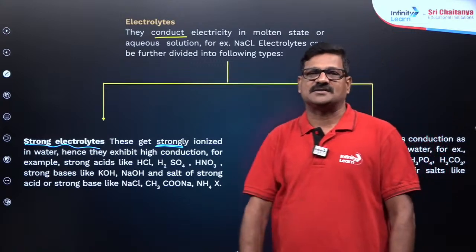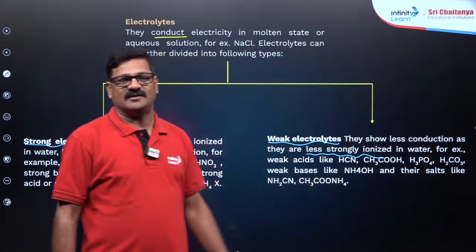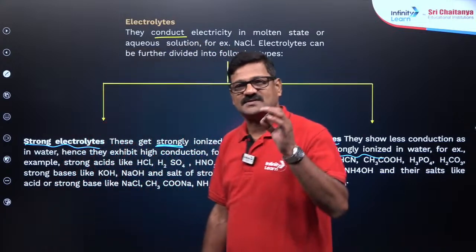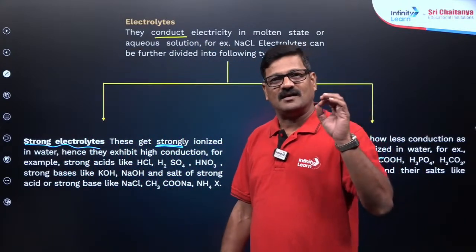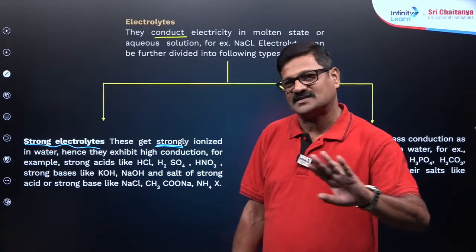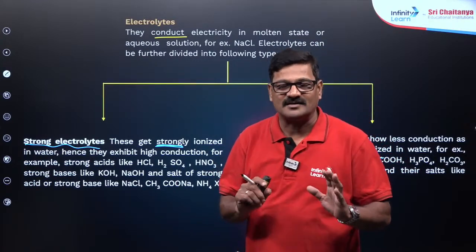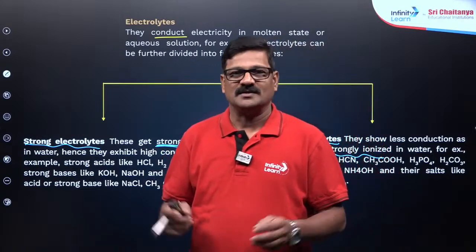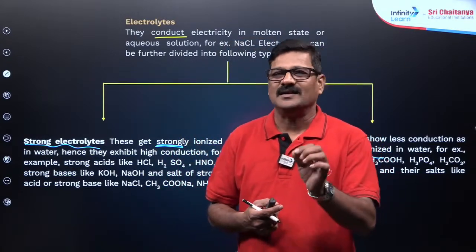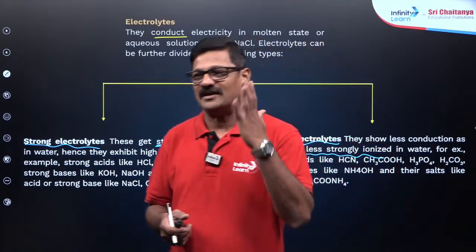How will we know which is a strong electrolyte and which is a weak electrolyte? Strong acids, all strong bases, and also all salts, the salt being the product of an acid and a base, are strong electrolytes. But a salt of a weak acid and a weak base is a weak electrolyte.